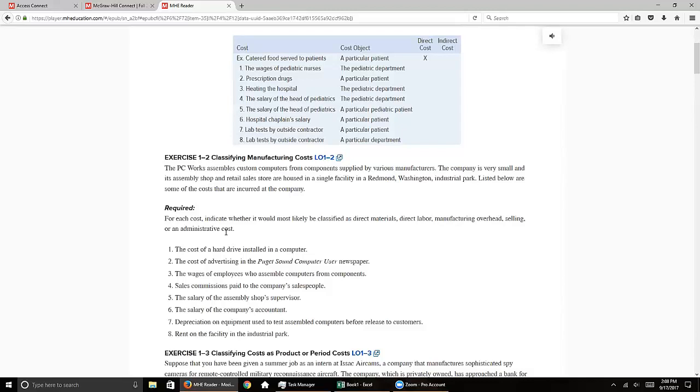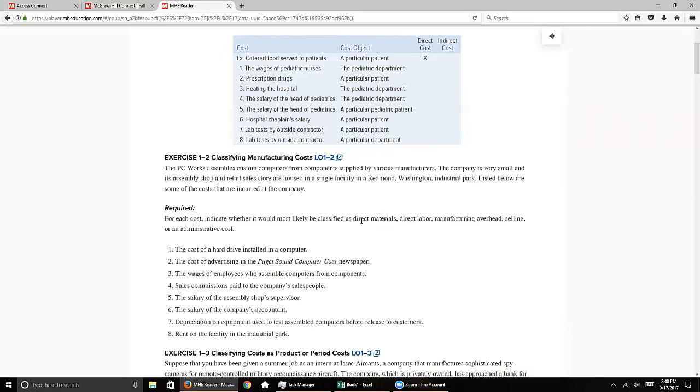The big difference between those two buckets is that our manufacturing costs are called inventoriable costs because the costs flow through inventory. Whereas our selling and admin costs, or period costs, we expense on the income statement in the period in which they're incurred. So that's the first big differentiation between cost buckets.